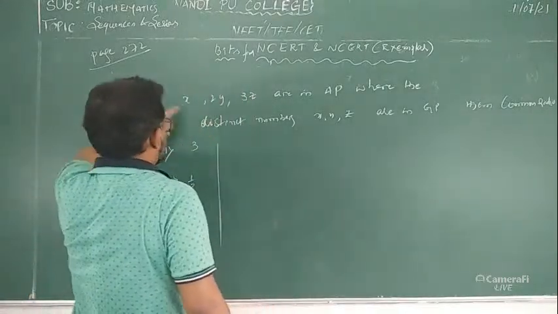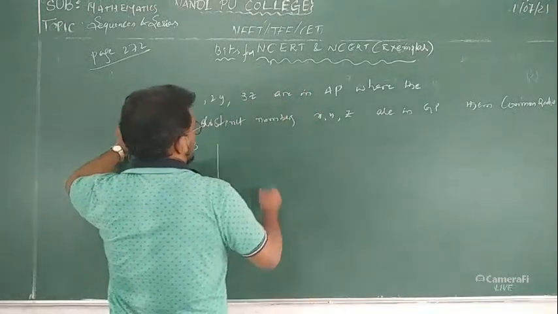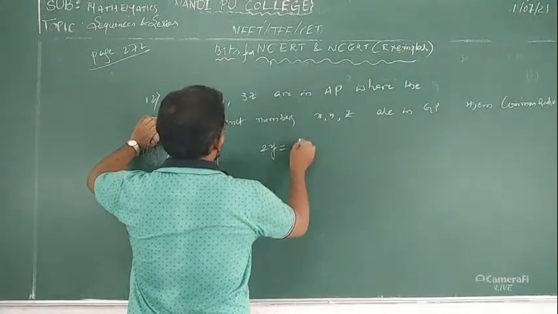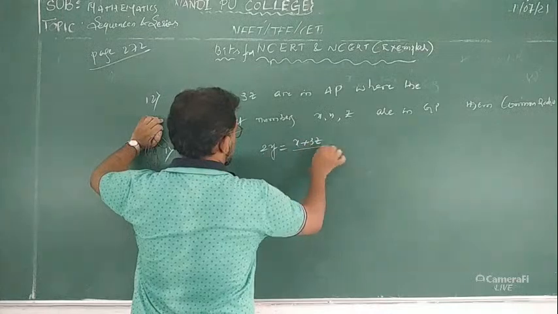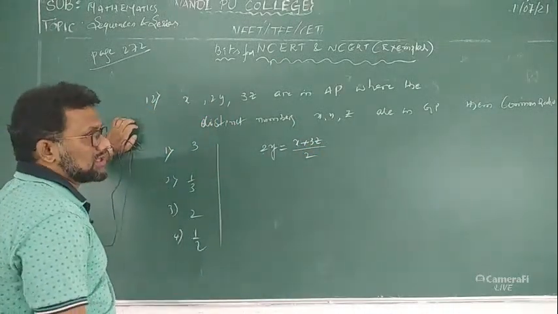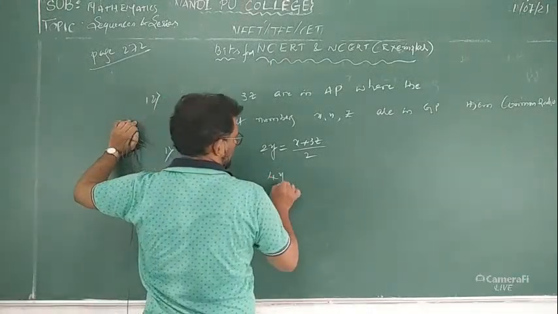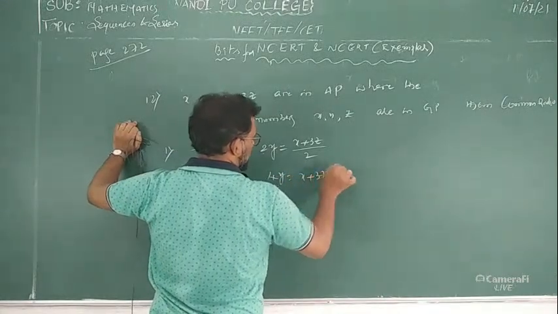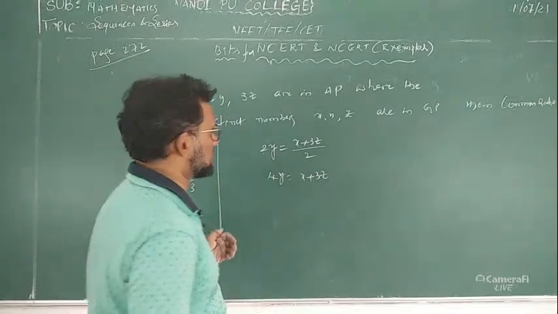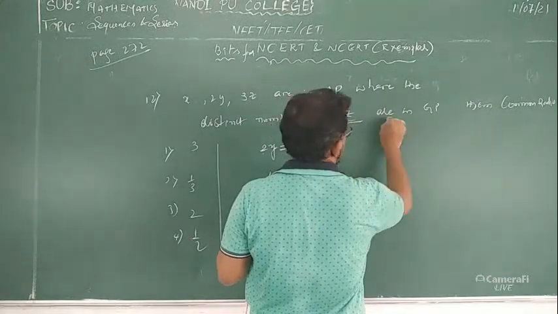What he says is that x, 2y, 3z are in AP. So, if any 3 terms are in AP, can we write 2y is equal to x plus 3z by 2? We can write middle term is equal to first plus last by 2. So, therefore, 4y is equal to x plus 3z, the equation we have got. Okay? Good. Now, these 3 terms are in GP.